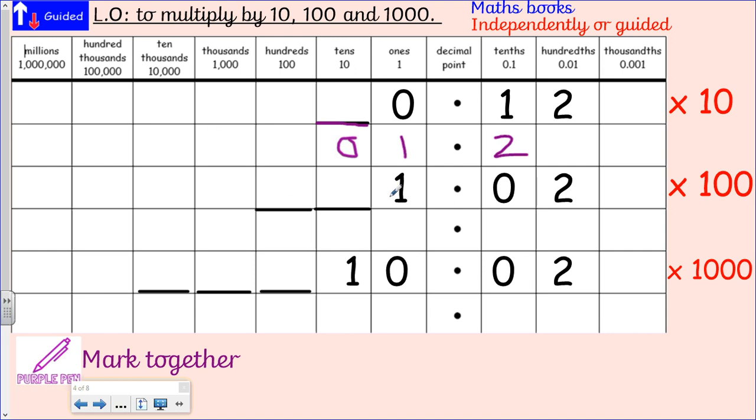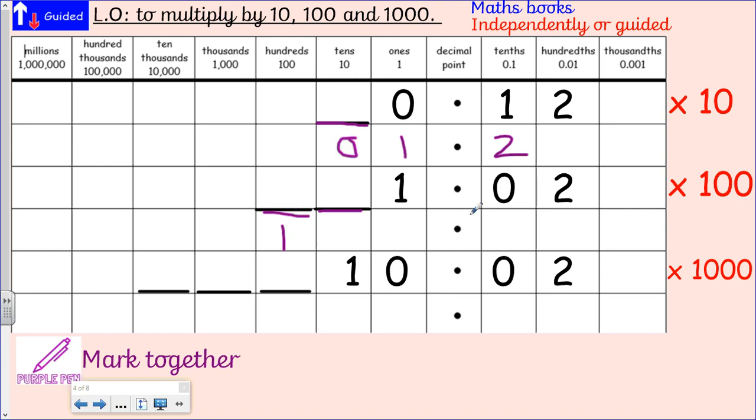Okay, next one then. 1.02 times by 100. So we've got our two lines already in here. So we're jumping 2 places to the left. Everything gets 100 times bigger. So the 1 goes 2 places and it ends up under our line down here. And again, just logically there, look, 1 times by 100 is 100.